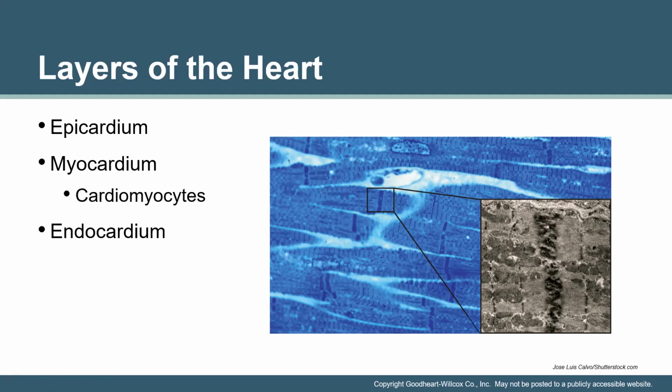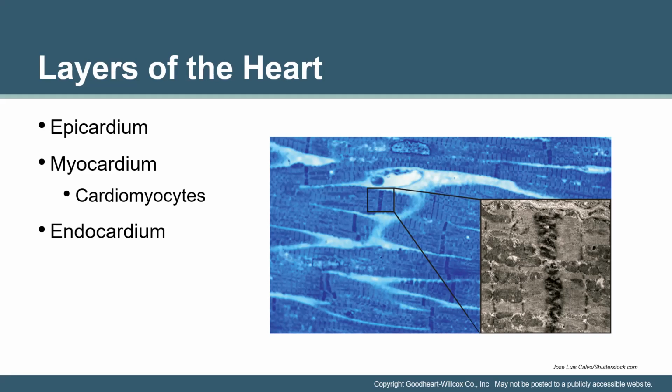The innermost layer then of the heart muscle is called the endocardium. Again, the prefix endo should give us the indicator that we're talking about something on the inside of a lumen or a hollow space or an organ or a vessel. It's a smooth, thin layer of endothelial cells.